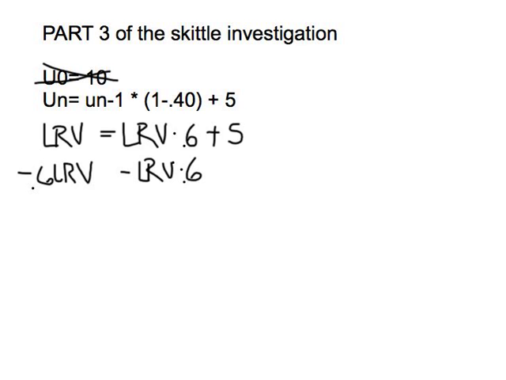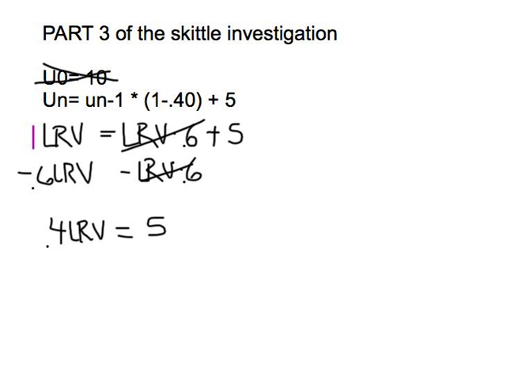So keeping this in mind, LRV is the same thing as 1 LRV, and 1 LRV minus 0.6 LRV is going to be 0.4 times LRV. Remember, LRV is our long run value, which is what we're looking for. On the right-hand side of the equal sign, this will undo each other, so it becomes 0. What I have is a positive 5.